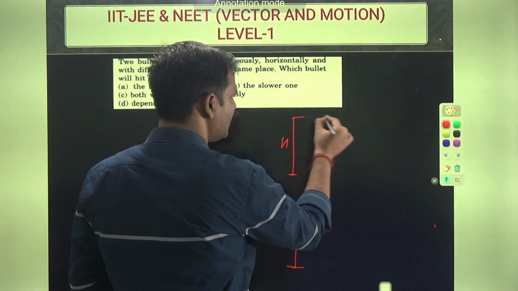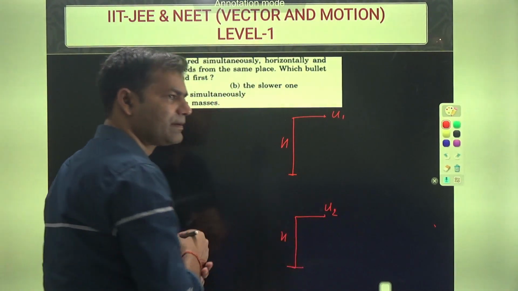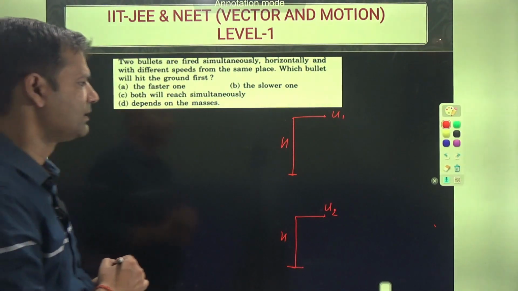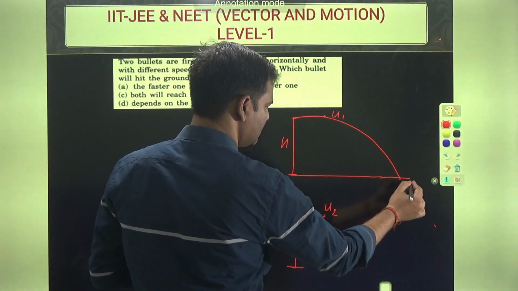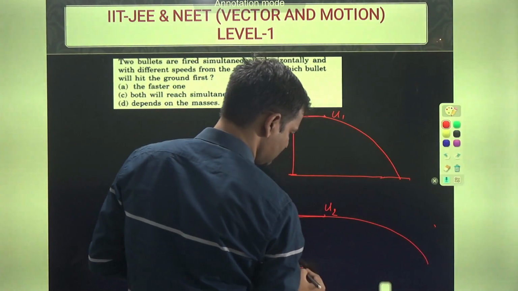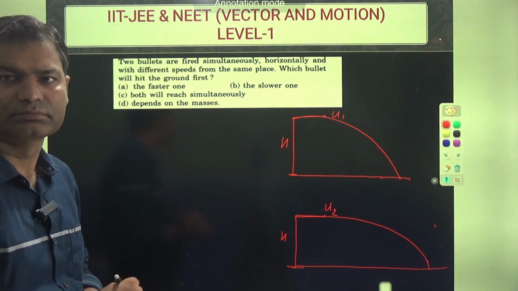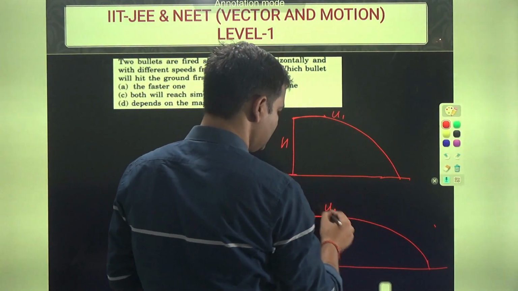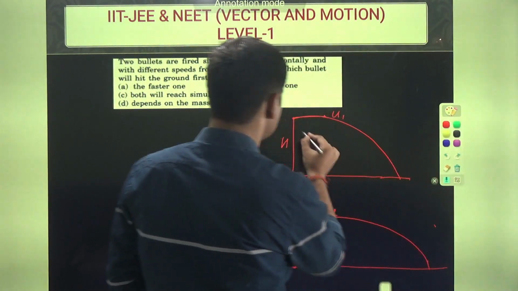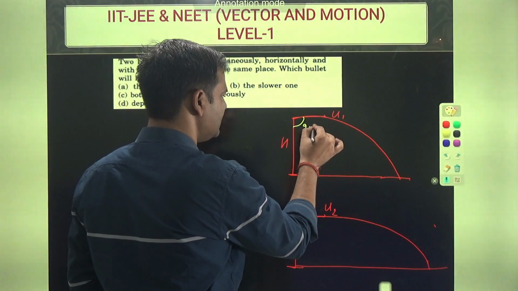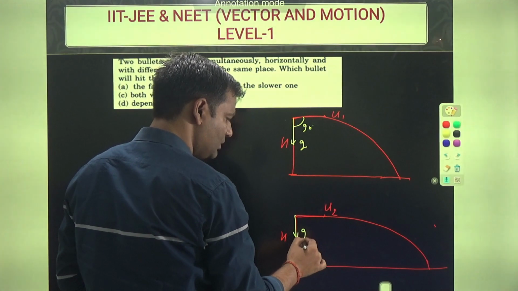Here u1 is the velocity, here u2 is the velocity, horizontally. The angle between these and the vertical is 90 degrees. What about g? Here g is downward.